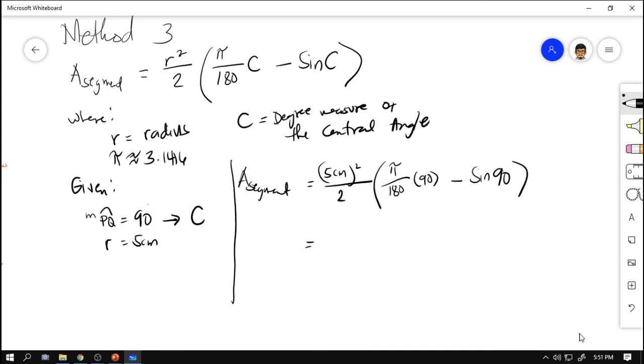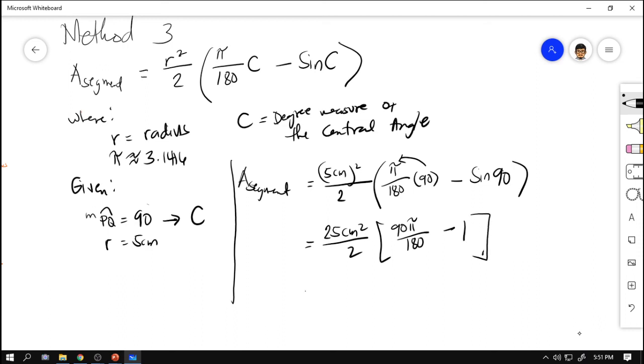Okay. 5 times 5 is 25 centimeters squared over 2. Tapos dito naman, 90 times pi. So, meron ka 90 pi over 180. Si sine 90 naman ay equal siya sa 1. Sine 90 is 1. Okay?